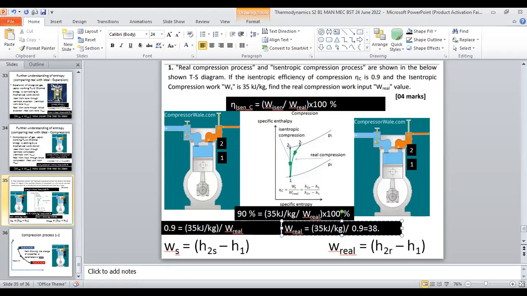You should know why this is more: because real is more than the ideal or isentropic work in compression. Unit kilojoule per kilogram. So this is the answer. Quite simple. Understanding is very important.